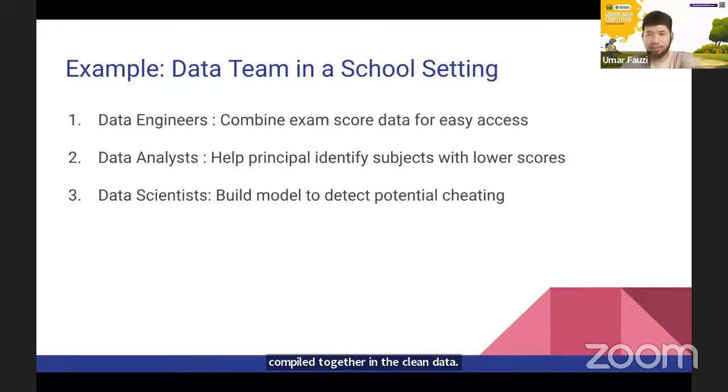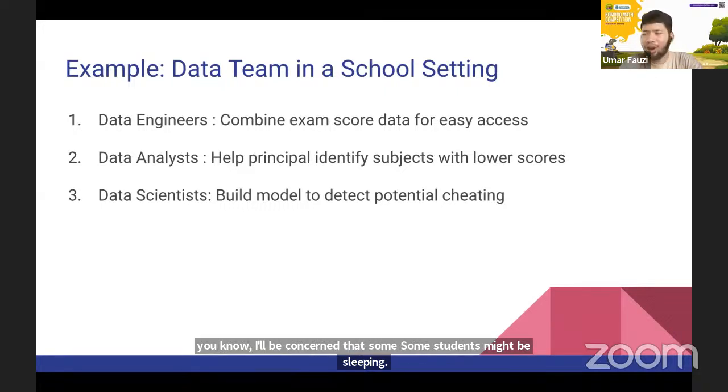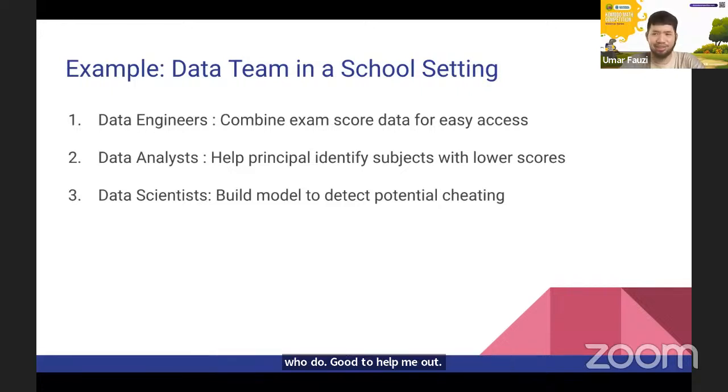Now let's go to the data scientist. The principal says, I'm a bit concerned that some students might be cheating. I mean, most students don't, but there might be a few who do. Could you help me out? How can you help me actually, Mr. or Mrs. Data Scientist? Well, here's how I can help you. I can build a model to detect potential cheating. How does that work?